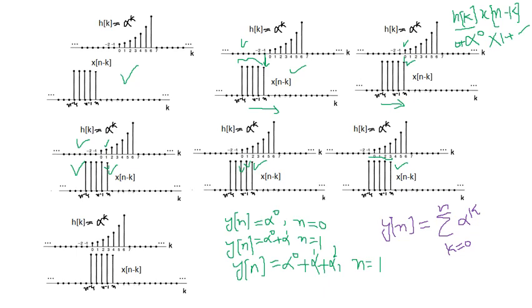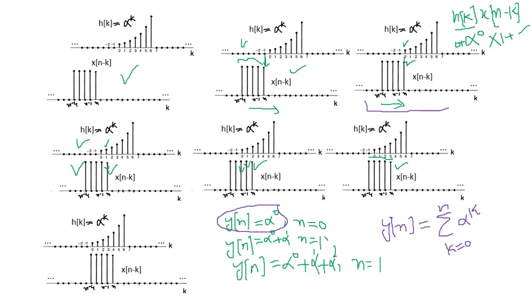Why? Because if n equals 0, the summation will be 0 to 0. That means we get alpha power 0. Putting 0 here, summing from 0 up to 0, will result in alpha power 0.